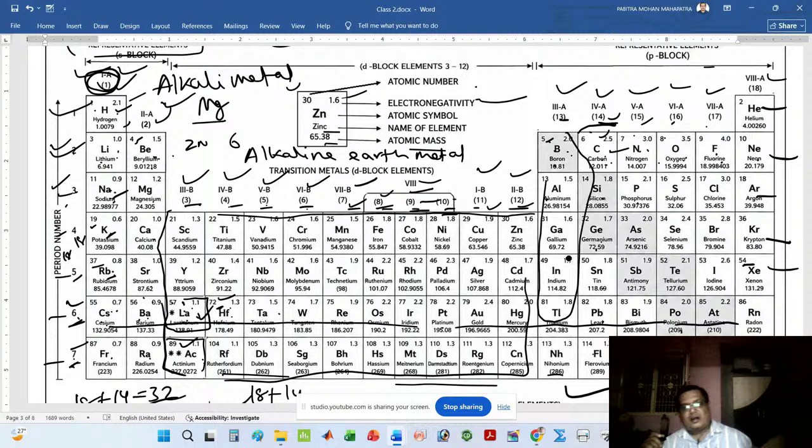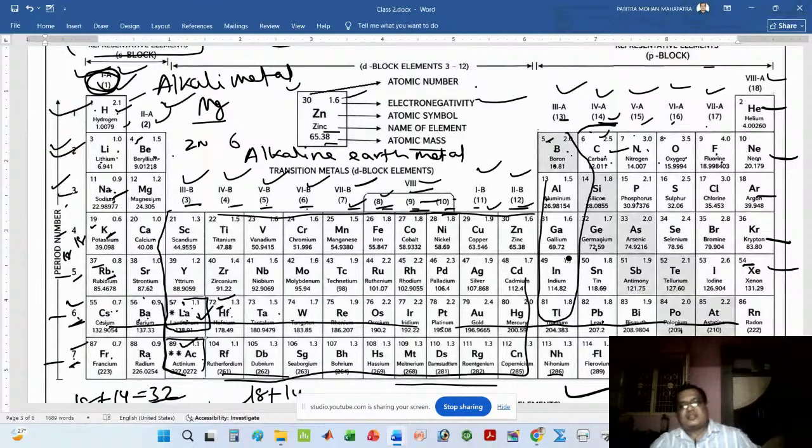But I will teach you how to remember all the elements easily, how to find the atomic number easily, and which element is present in which period, column and group. All the elements are present in the table like this.